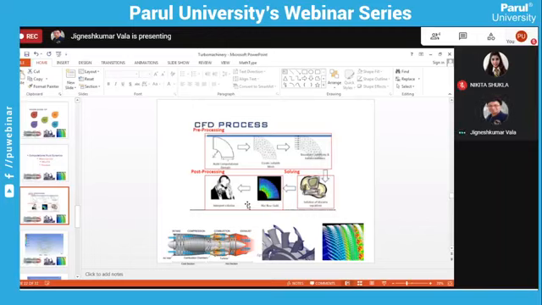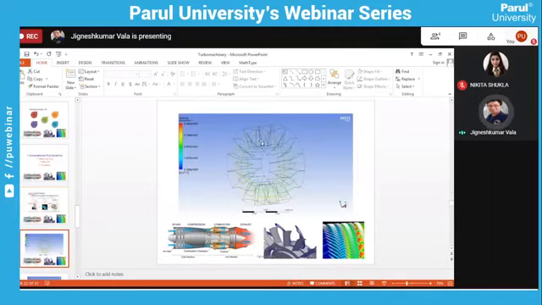So in the turbomachinery part, suppose we discuss some of my students. They did a project about the flow over a blade, flow over an axial fan. They created a number of blades, and after applying all the physics, they got this type of result.